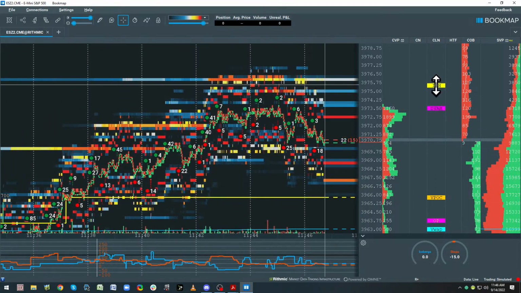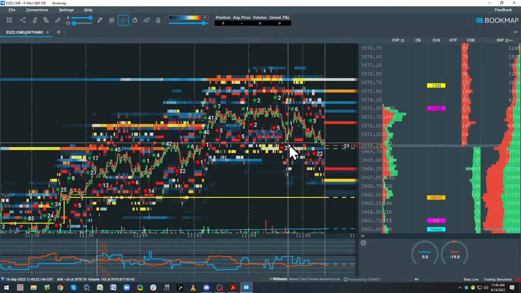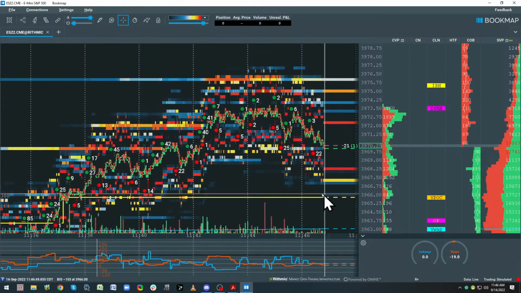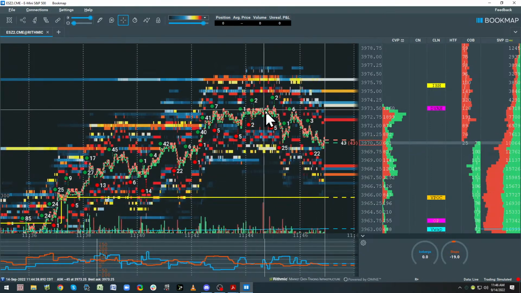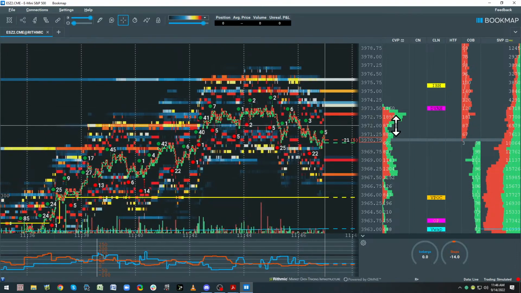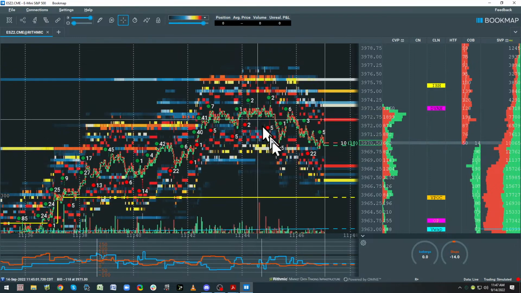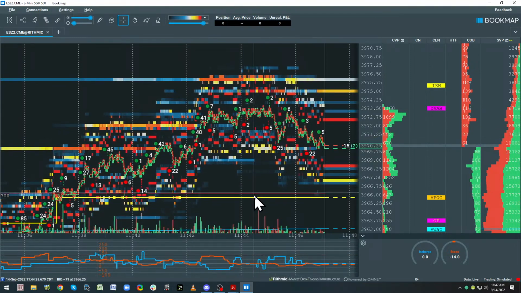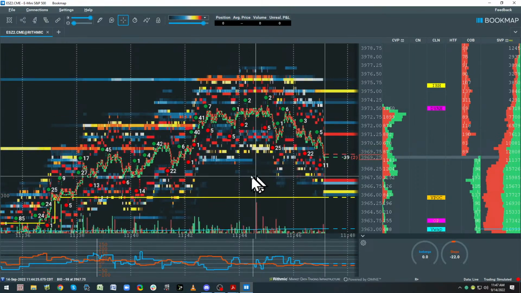So if we can get back here and then fail back inside, that sets up this. We can also just rotate back here from here. And you'll see the structure break back to the high volume, which is right there. See it? Short, back to here. Now, whether or not you want to take that is up to your trade plan. But this is what mean reversion is.